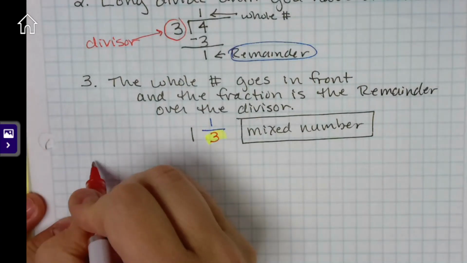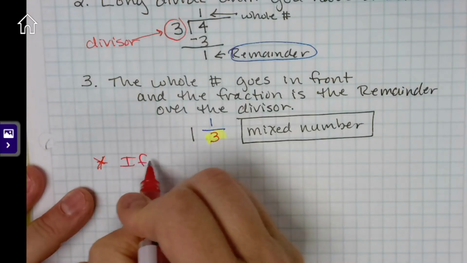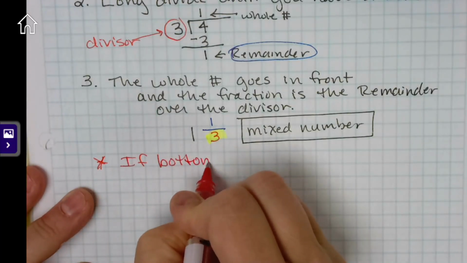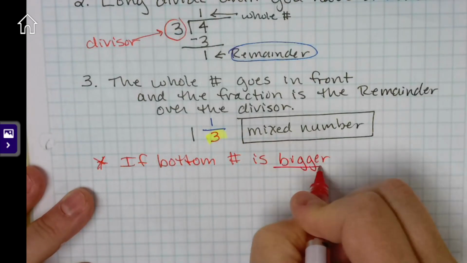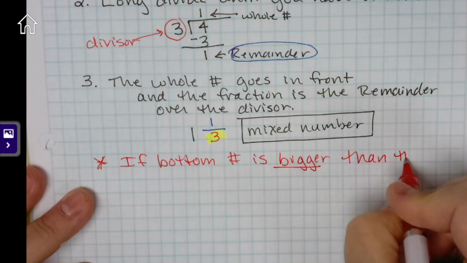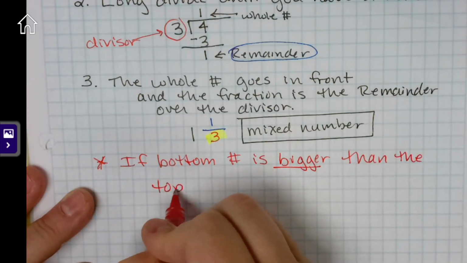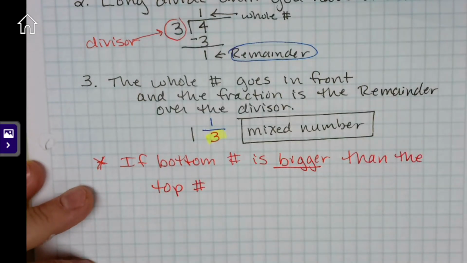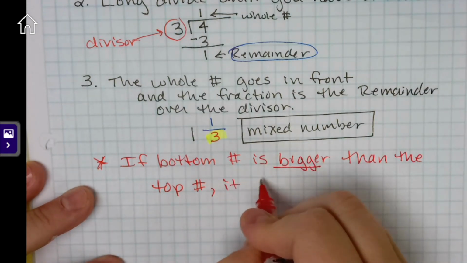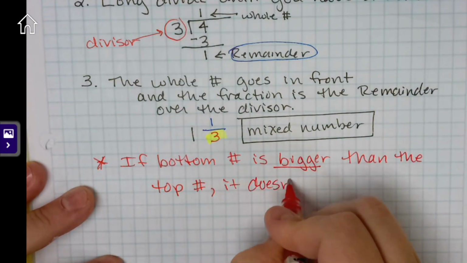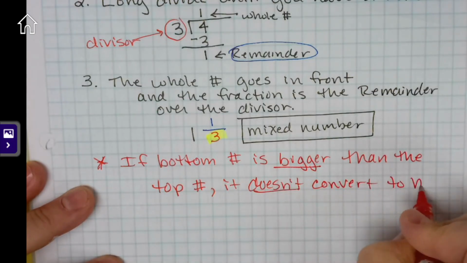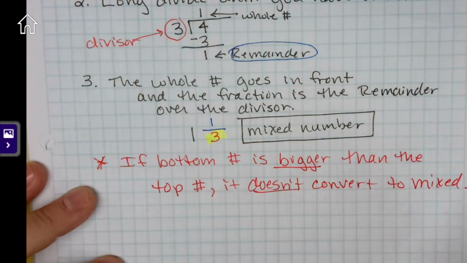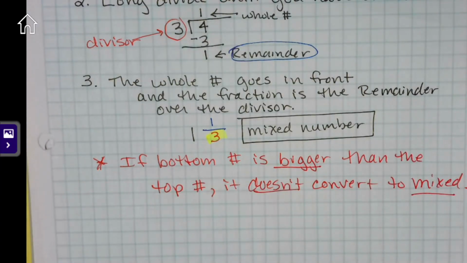So I'm going to have you write this down. Remember, if the bottom number is bigger than the top number, it doesn't convert to mixed.